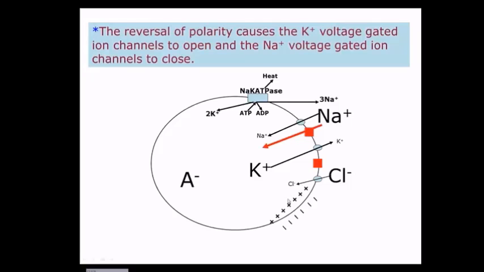So, when the polarity is reversed, that's the stimulus. Remember, I said a moment ago that voltage-gated ion channels respond with conformational changes dependent upon the voltage of the membrane. So when the voltage polarity reverses, that's the signal that opens potassium voltage-gated ion channels and closes sodium voltage-gated ion channels. Okay, what is that going to do to the polarity?